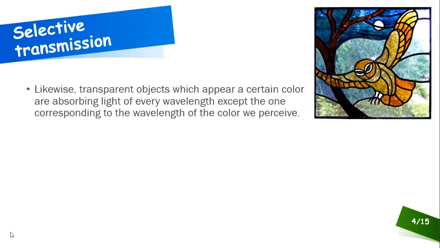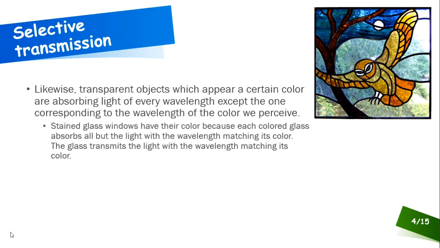There's also an effect called selective transmission, which works the same way. We have objects that are transparent, but they appear to be a certain color because they're absorbing everything except the wavelength of the color we're perceiving. Stained glass windows get their color from this effect.